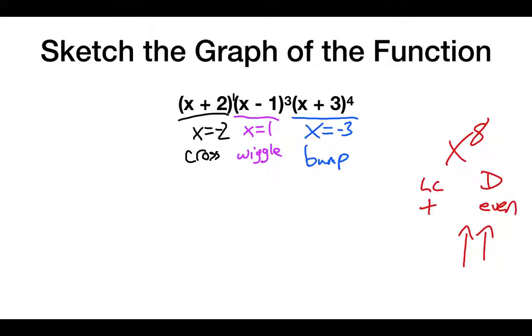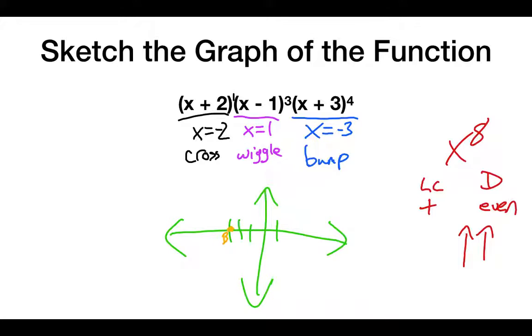I now start to graph. At -3 there is a bump. At -2 there is a cross. And at +1 there is a wiggle.